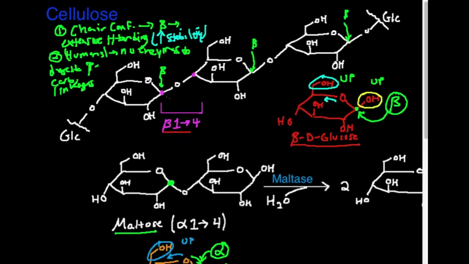However, in humans and many other animals, which mainly include carnivores, we don't have enzymes that degrade polymeric carbohydrates with beta linkages. So the fact that there's a beta linkage right there in cellulose, all these are beta, means that this polymer is completely indigestible by enzymes in humans.